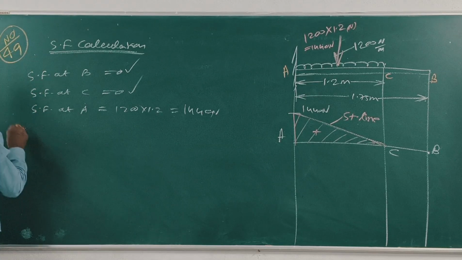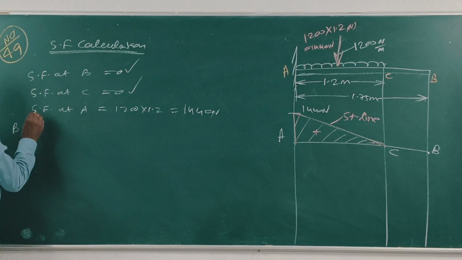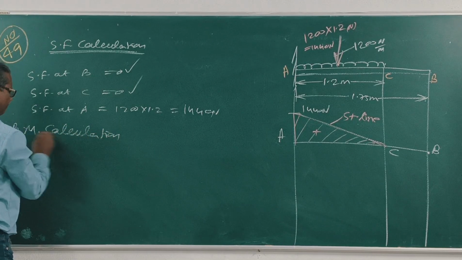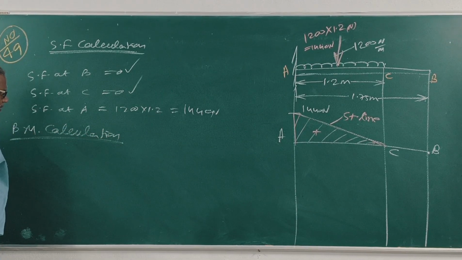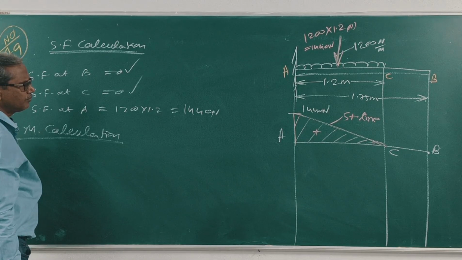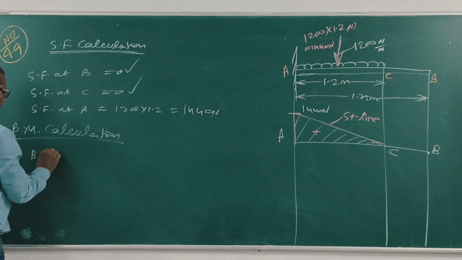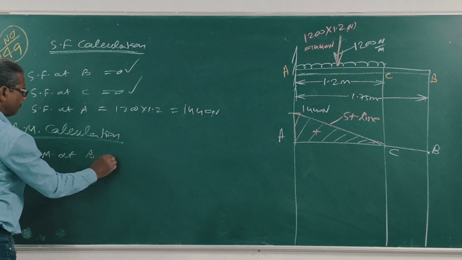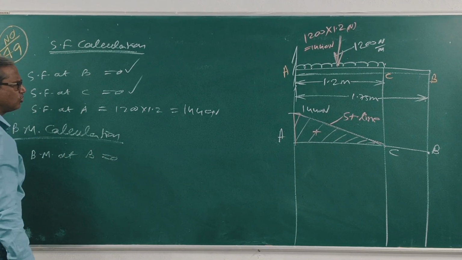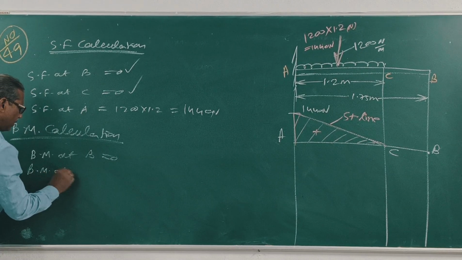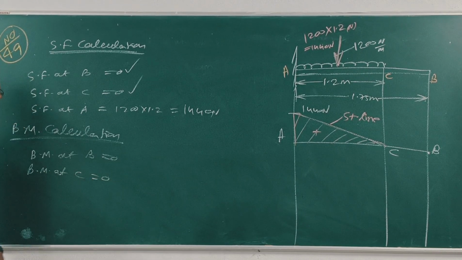BM calculation. At B, bending moment is 0. At C, 0.